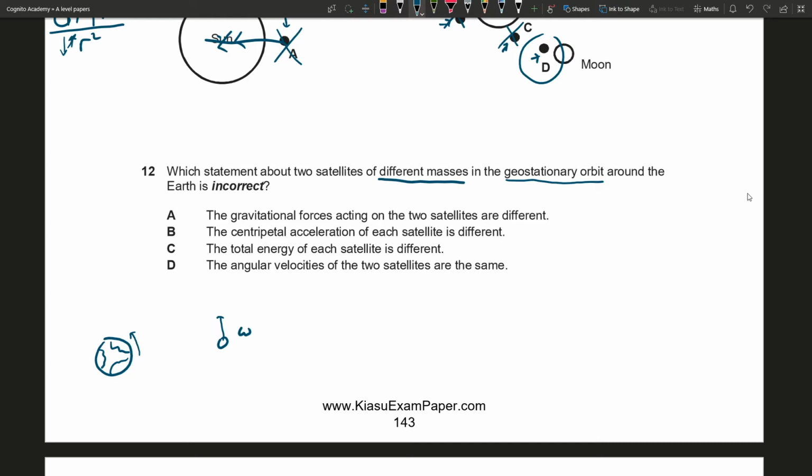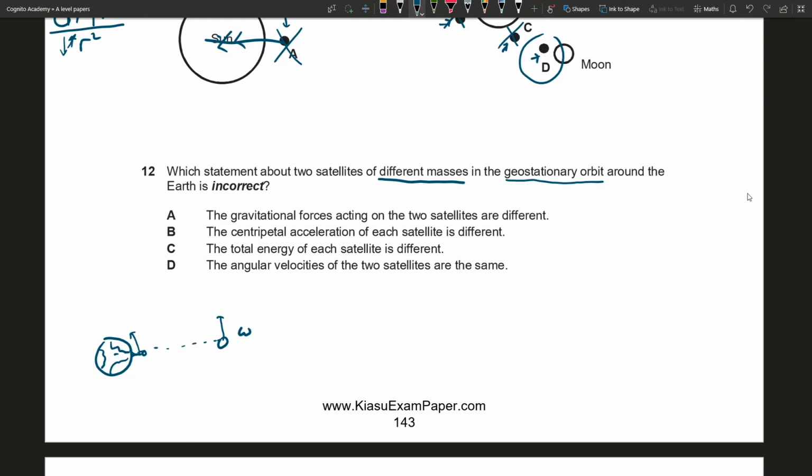From an observer on Earth, the satellite is turning at the same rate as you. Relative to you, the satellite is stationary. That's why we call it geostationary. So two satellites in geostationary orbit have the same height above the Earth and the same angular velocities. With that in mind, let's look at the options.